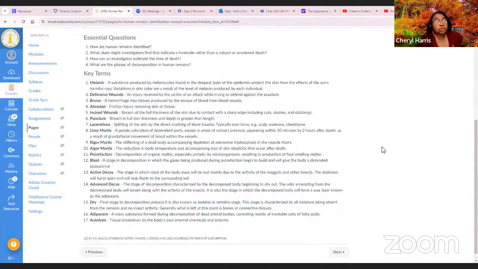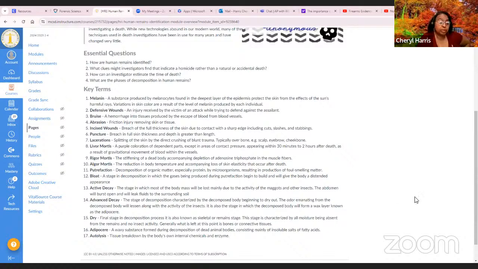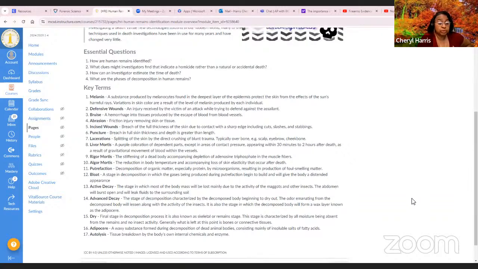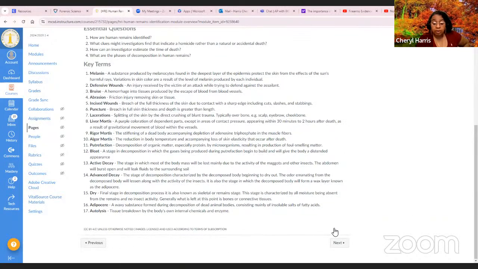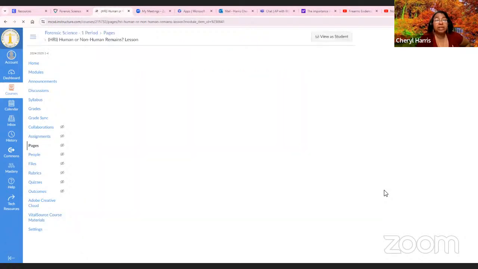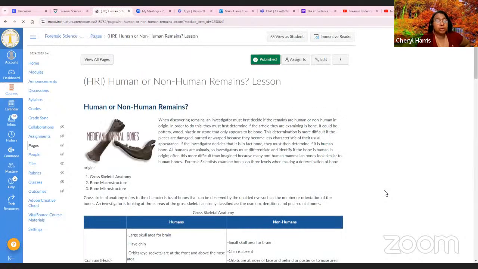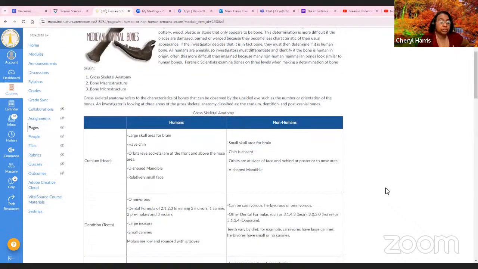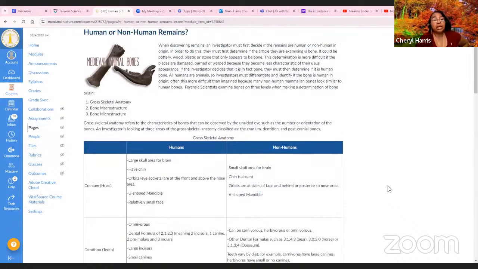I want you to take a look at these vocabulary words and get familiar with those. Having done that, you can also go ahead and get a head start at reading the first section. That's for those of you who are finished. Now, I think you allowed multiple submissions.